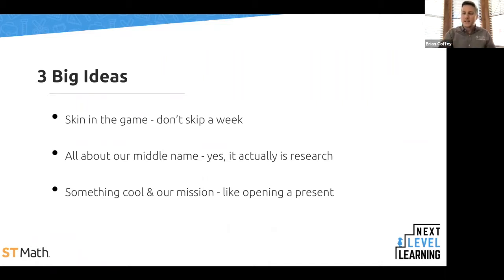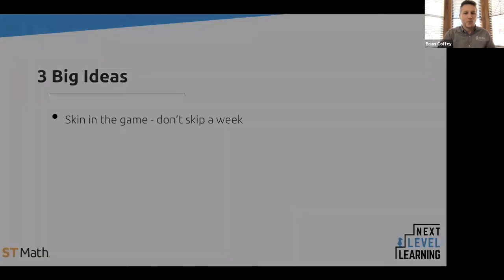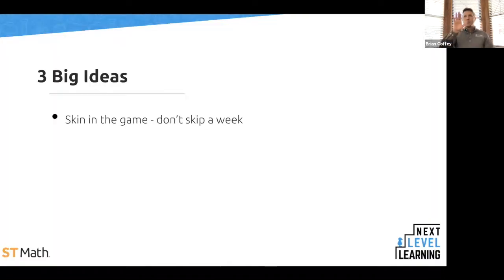So with that said, let's take a look at our first big idea here, skin in the game, don't skip a week. Before I jump there, I do want to preamble this. I am going to show quite a few charts and graphs and data like I previewed a little bit there. The whole idea here is really to get to the point of the graphs and what they're saying to us, not to dissect them at a granular level.